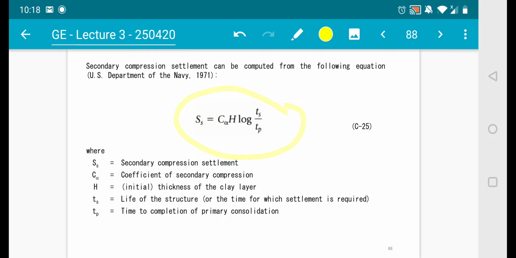So this one, C25, is the settlement due to the third stage, which is secondary compression. Okay, and it relates to C alpha, coefficient of secondary compression, thickness of the clay layer, life of the structure, and time to completion of primary consolidation.